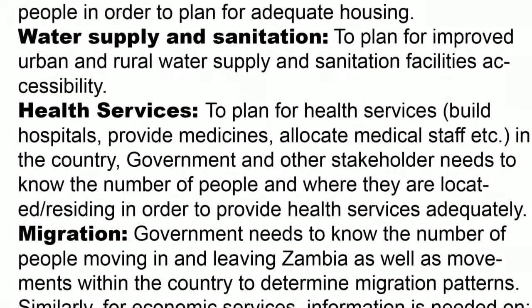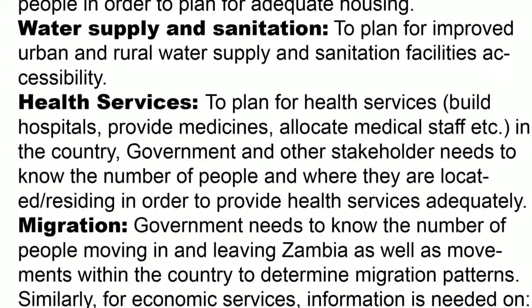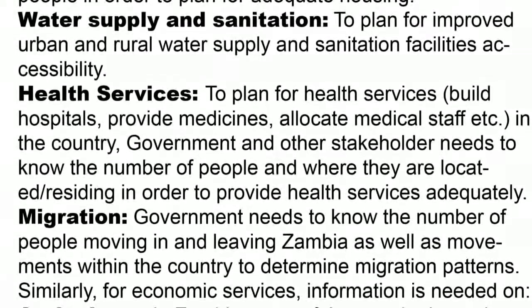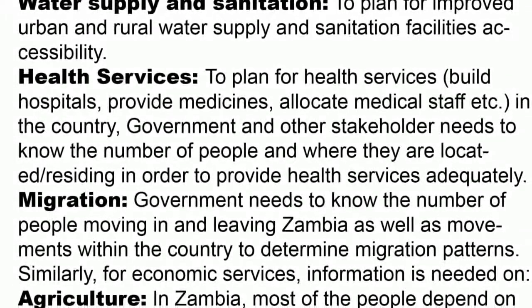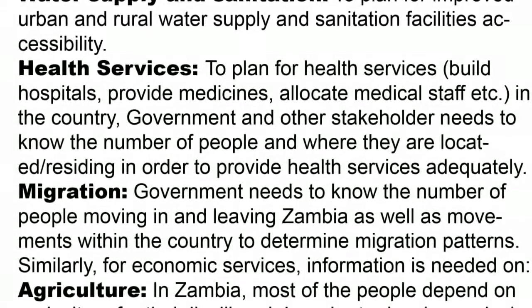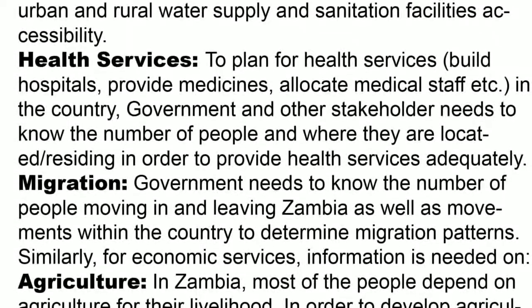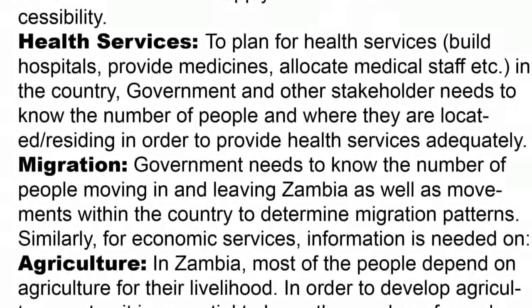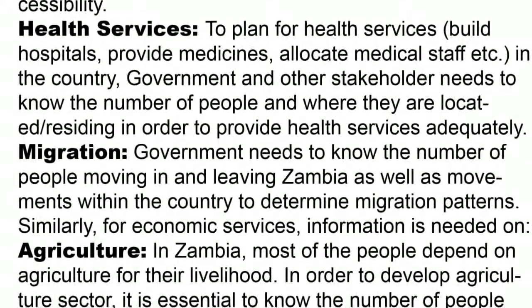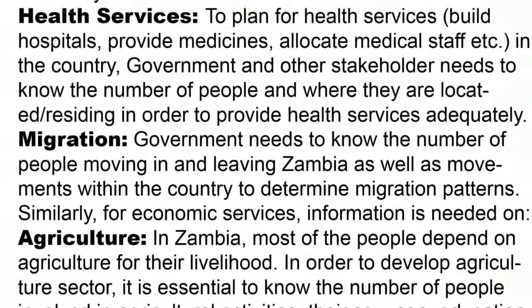Number 4, health services. To plan for health services, that is, build hospitals, provide medicines, allocate medical staff, etc. in the country, government and other stakeholders need to know the number of people and where they are located in order to provide health services adequately.